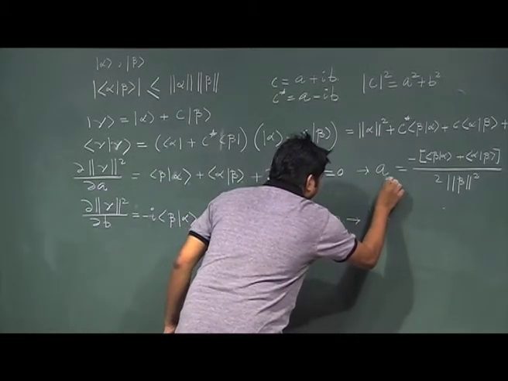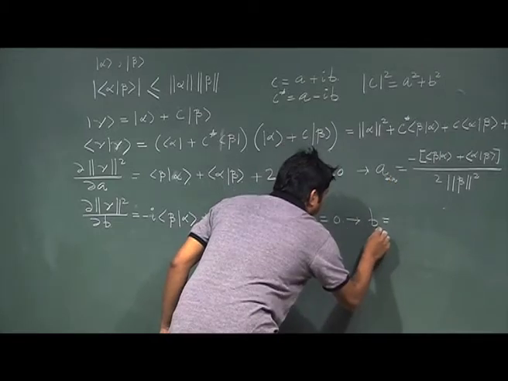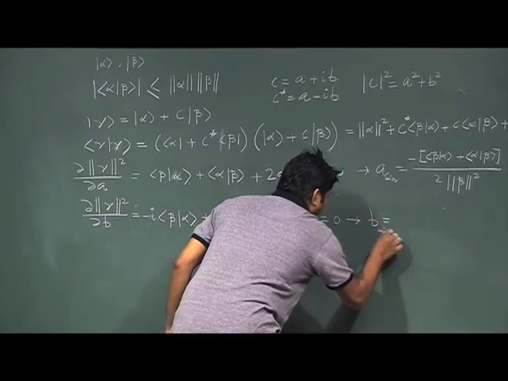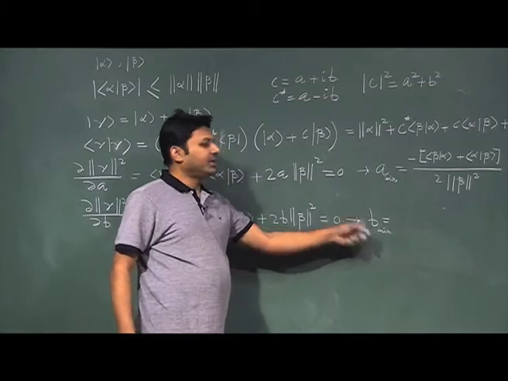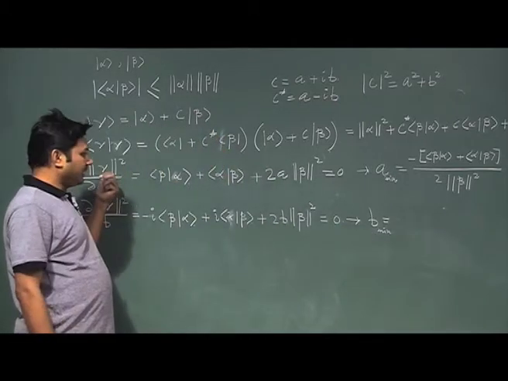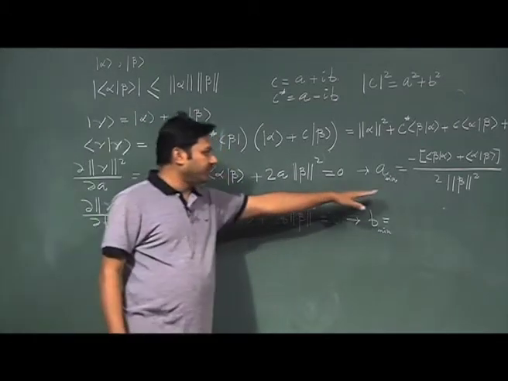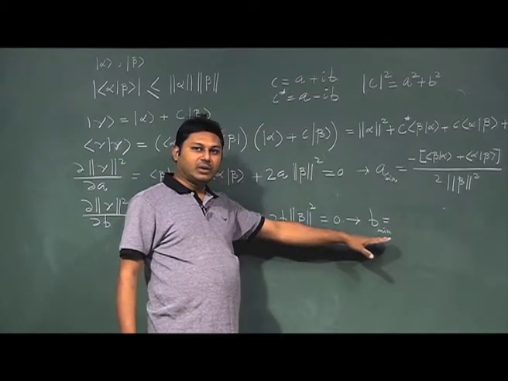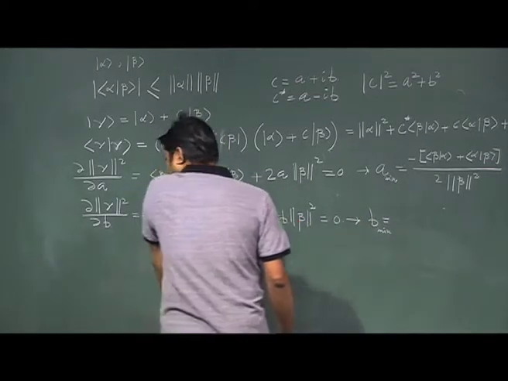I should say this is the minimum because I try to find the values of a and b in such a way that this quantity becomes a minimum. So it is a specific value, and that is why I put the term minimum here.